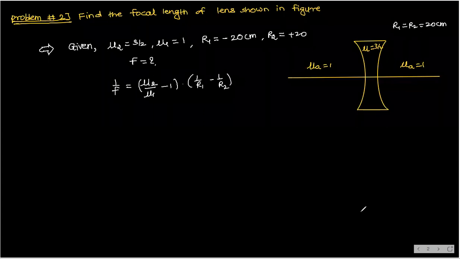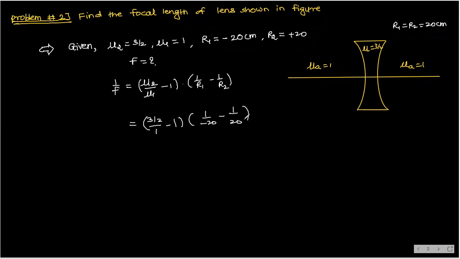This is the lens maker's formula, and substitute all the values. (3/2 by 1 minus 1) into (1 by minus 20 minus 1 by plus 20).